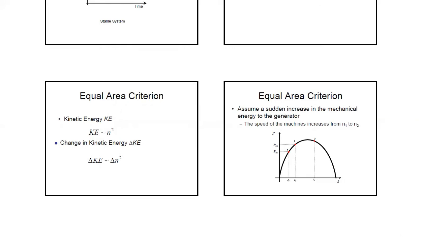Assume a sudden increase in mechanical energy to the generator, as we have already seen in one of the cases, where there is a sudden increase in mechanical input. The system is initially operating around point 1, and because of the sudden increase in mechanical energy to the generator, it is going to shift towards point 2.